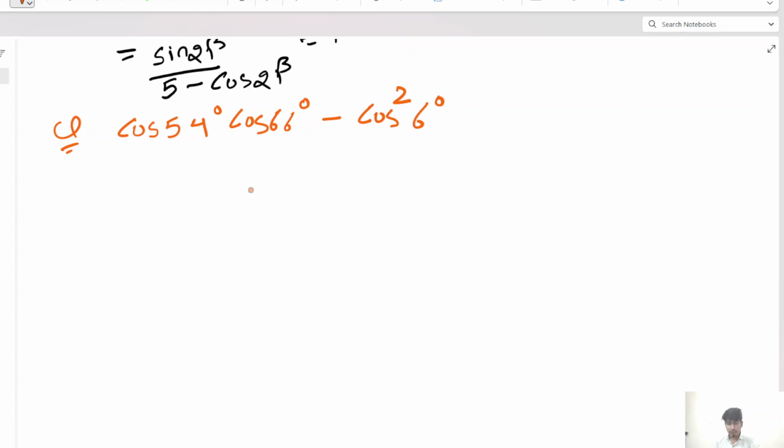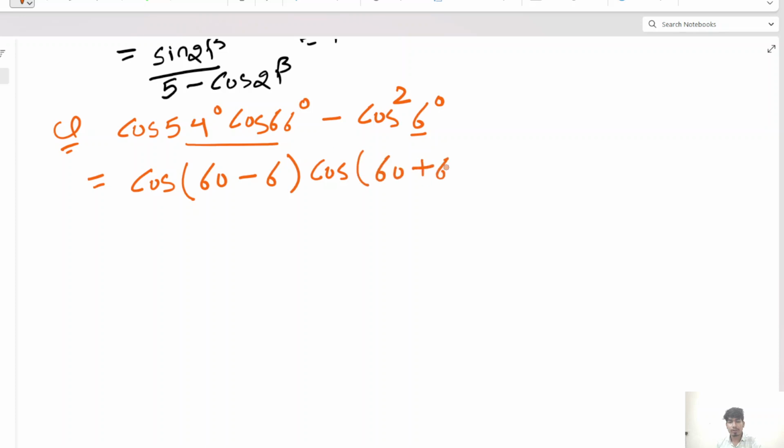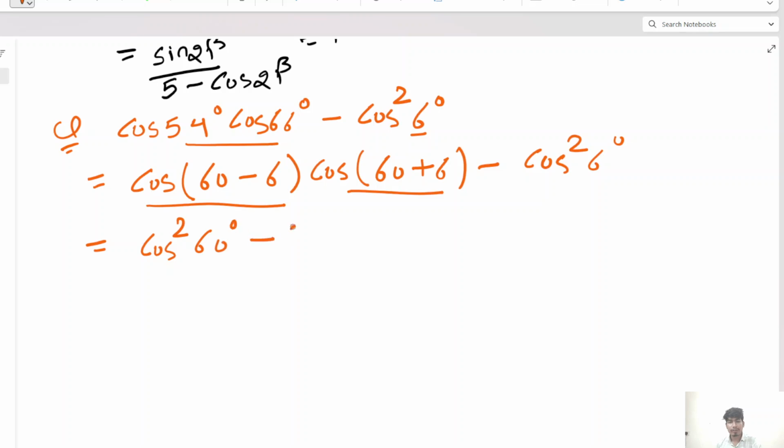We know the difference is 6, so we can write cos of 54 as 60 minus 6, and cos of 66 as 60 plus 6, minus cos square 6. And cos of a minus b into cos of a plus b is cos square b minus sin square b.